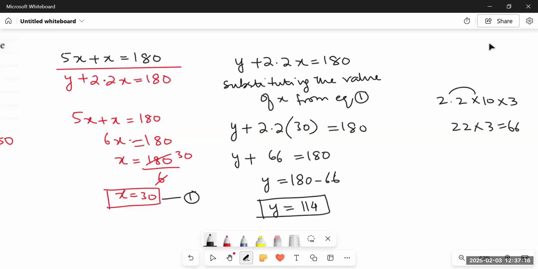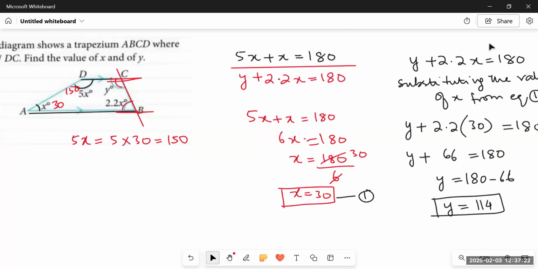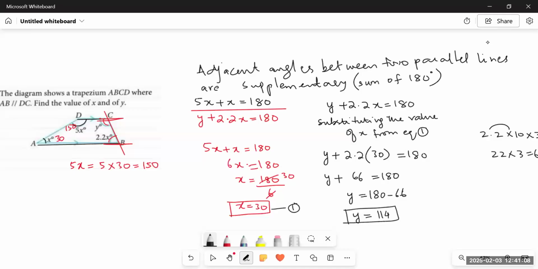You see how easy it was, knowing the properties of a trapezium, that the two angles on the right side and the two angles on the left side in a trapezium have a sum of 180 degrees because they are supplementary angles. We can write the property as well: adjacent angles means the two angles attached to one another, one after another.